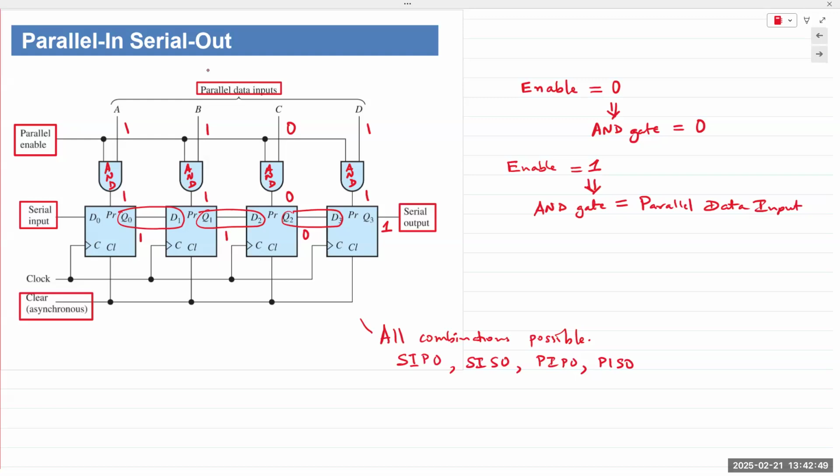Do the steps make sense? And all combinations possible just simply means you can do serial in, serial out, parallel in, parallel out, and then serial in, parallel out, and parallel in, serial out. So the circuit can do all of it.